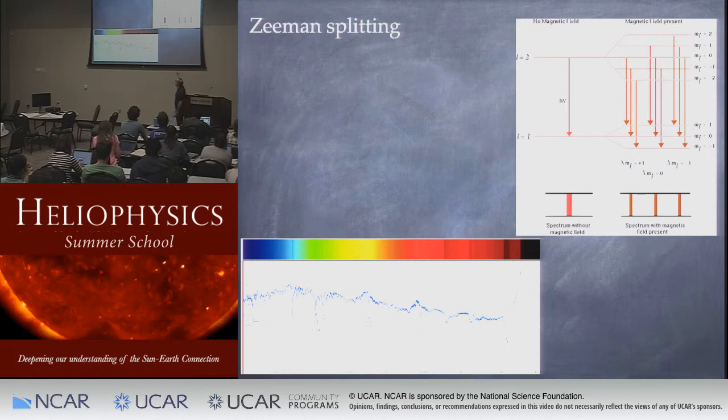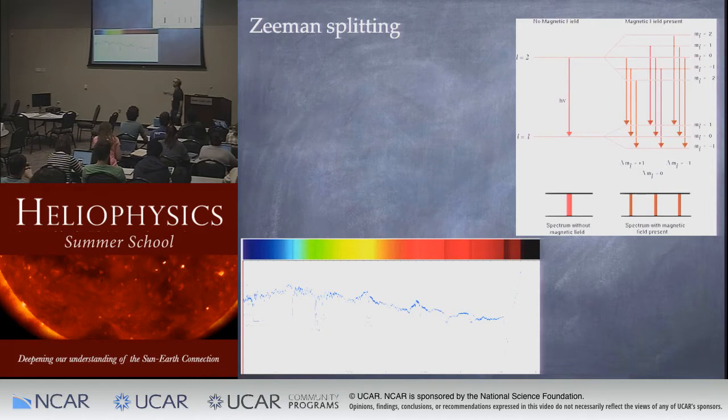So the magnetic field, because it changes the internal quantum states or quantum energy levels of a state, that energy will be broken down into 3 or more different levels located around this unmagnetized state. Okay? And depending on the strength of the field, these split lines will be further away.